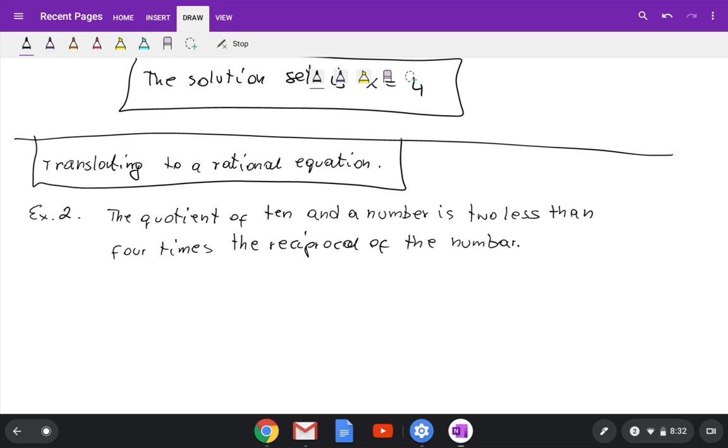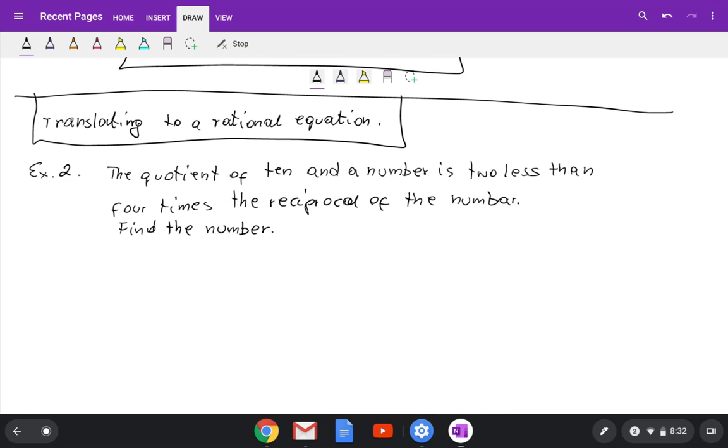The question is, find the number. So what we need to do here is translate an English sentence into a mathematical expression. Of course, x is the number which we need to find.